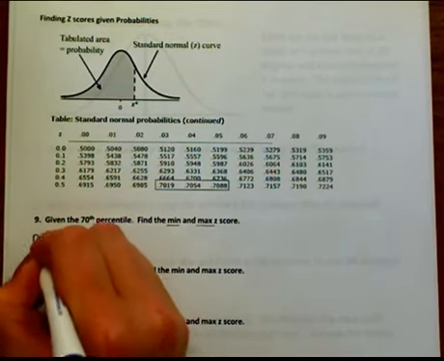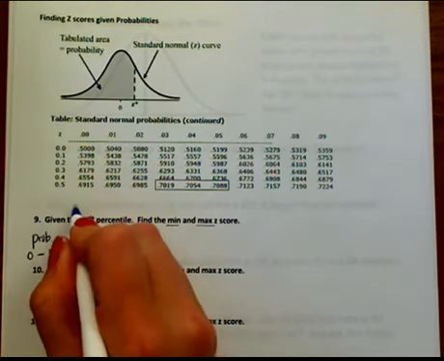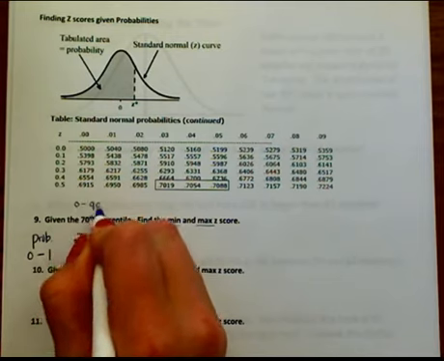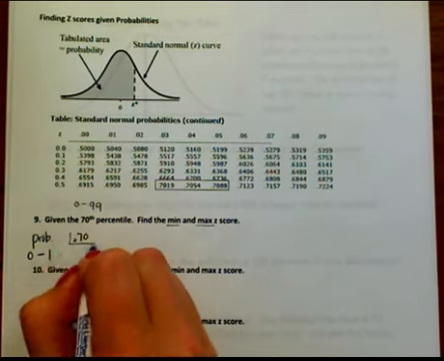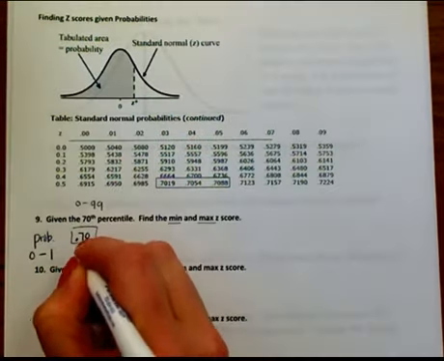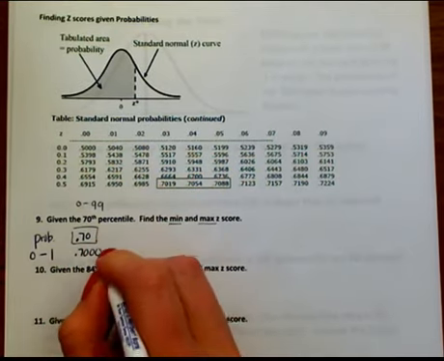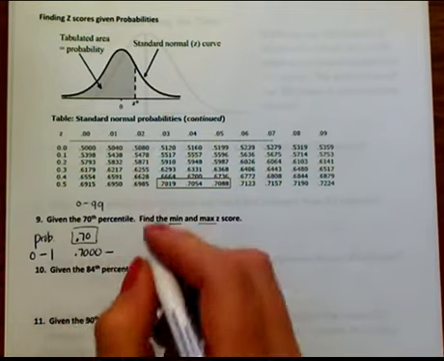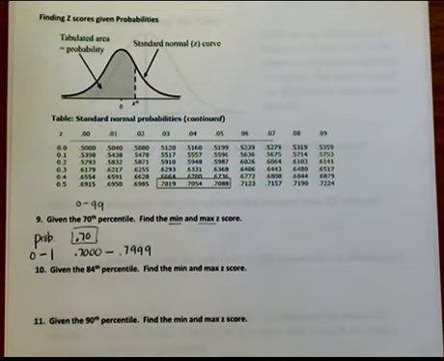Remember, probability is a number between 0 and 1, whereas percentiles are between 0 and 99%. Now I have 0.70, and I'm going to go up to my chart. Remember that this is a round down, which means I'm looking for anything between 0.7000 all the way through 0.7999.